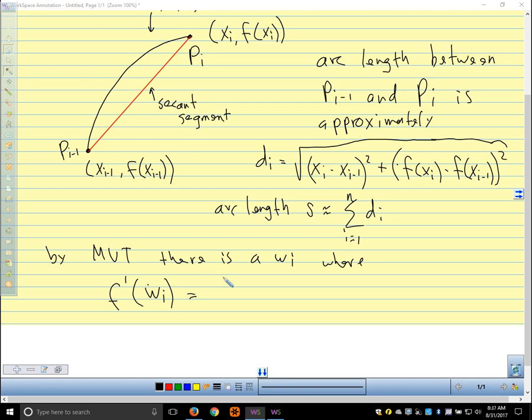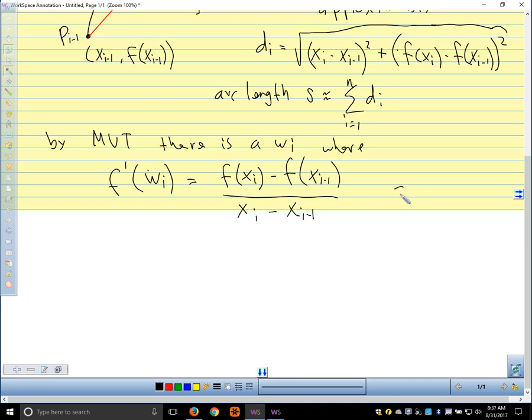Well, the slope of the secant line is our change in y values, f of x sub i minus f of x sub i minus 1, over x sub i minus x sub i minus 1. Or I can rearrange this: f of x sub i minus f of x sub i minus 1 equals f prime of w sub i times x sub i minus x sub i minus 1.